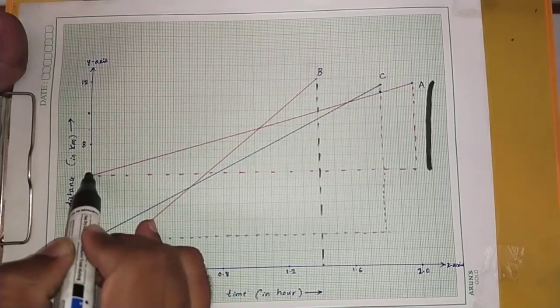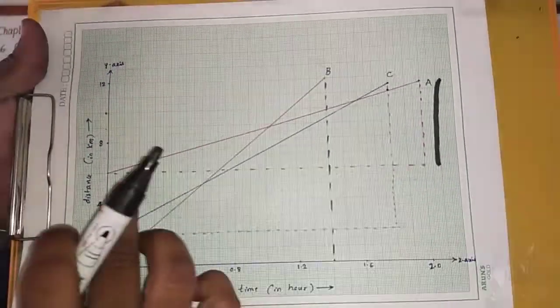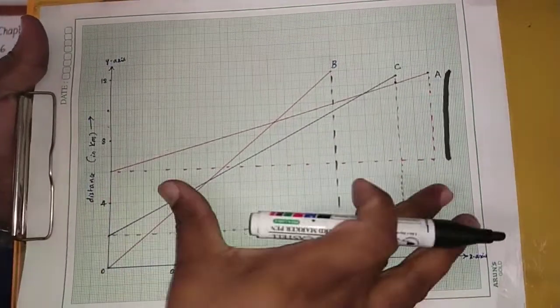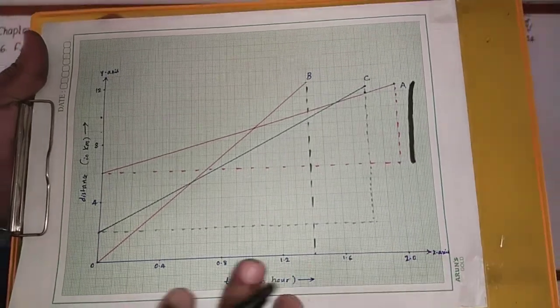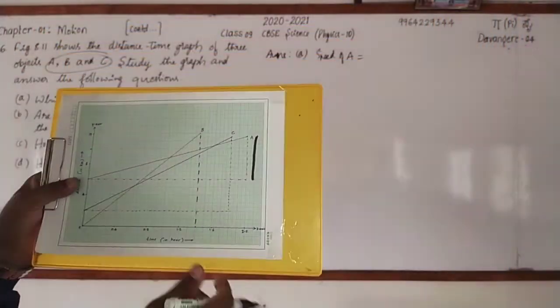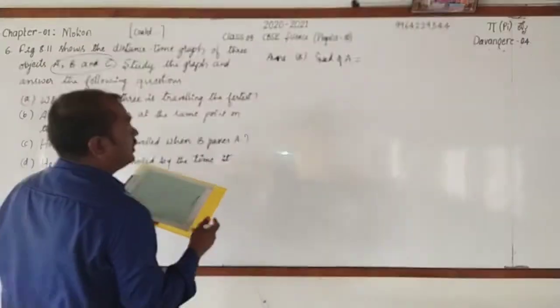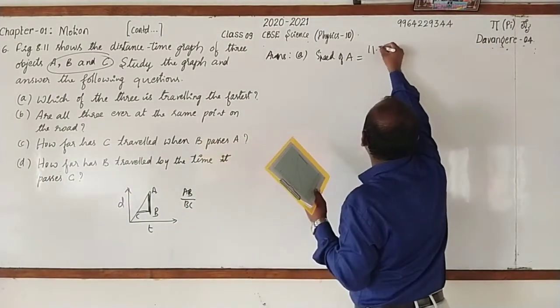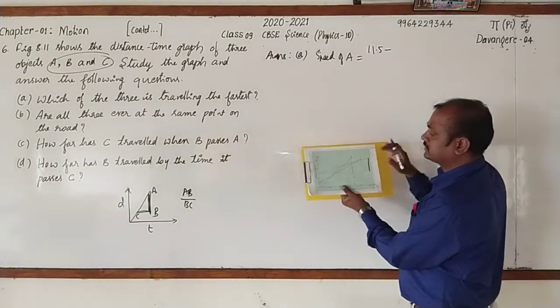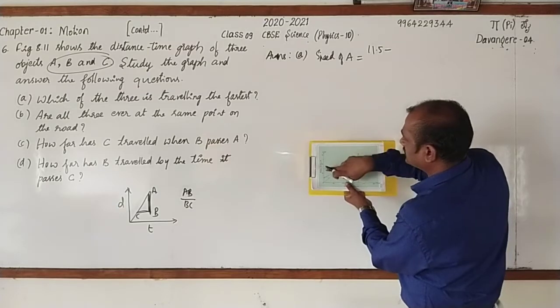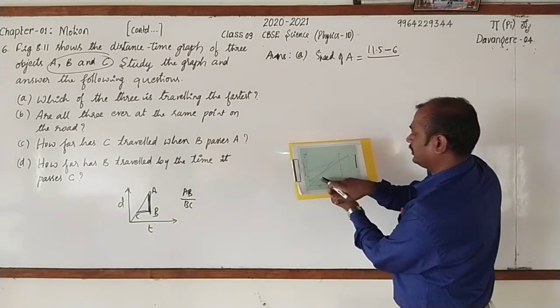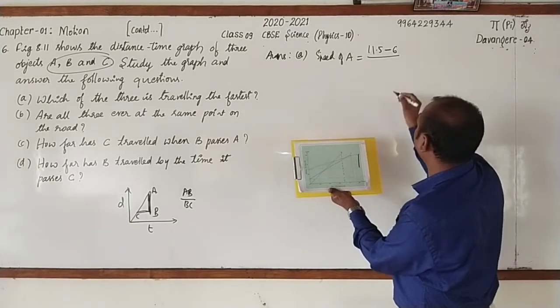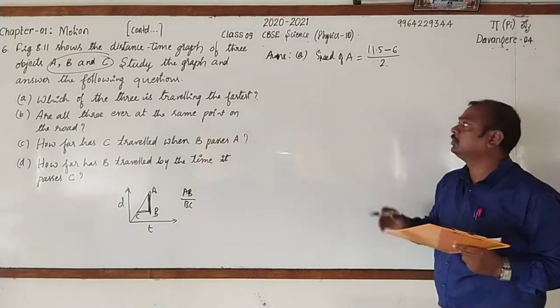So 11.5 minus 6, divided by this distance, which is 2.0. Clear? So I'll write it: 11.5 minus 6, whole divided by 2.0, or just 2.